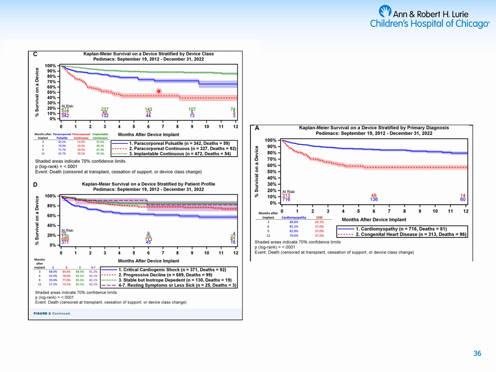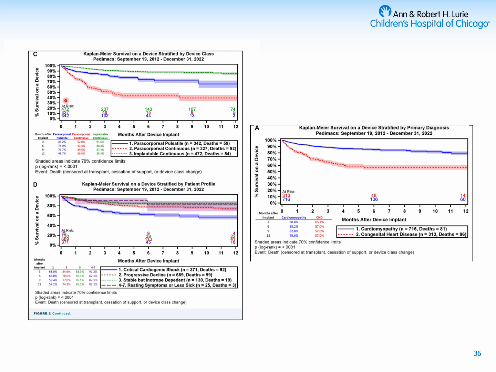These are just a few more Kaplan-Meier survival curves looking at survival on VAD support. Again, these slides are actually for all ages, but the key concepts in here are in this top picture.